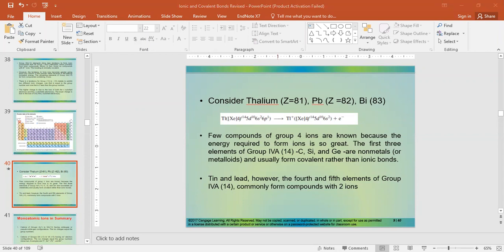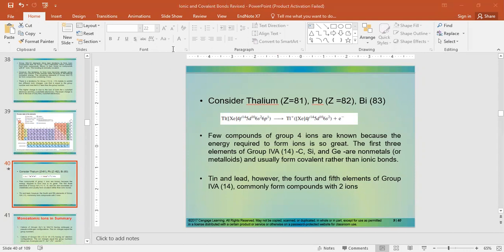So thallium, just a moment. Thallium, electronic configuration. I hope they are all going to fit somewhere.